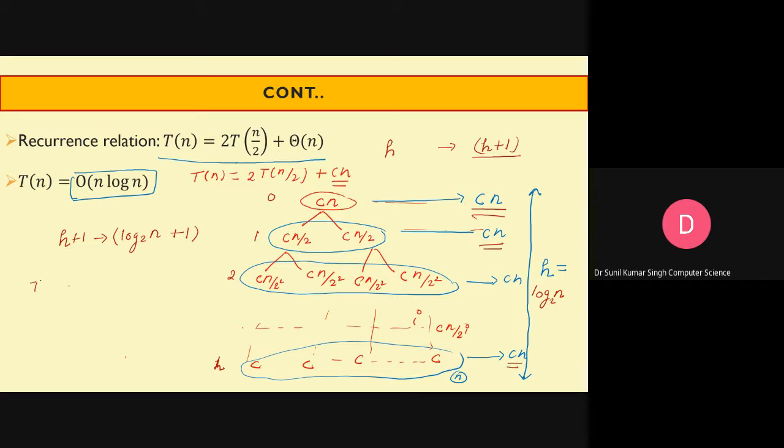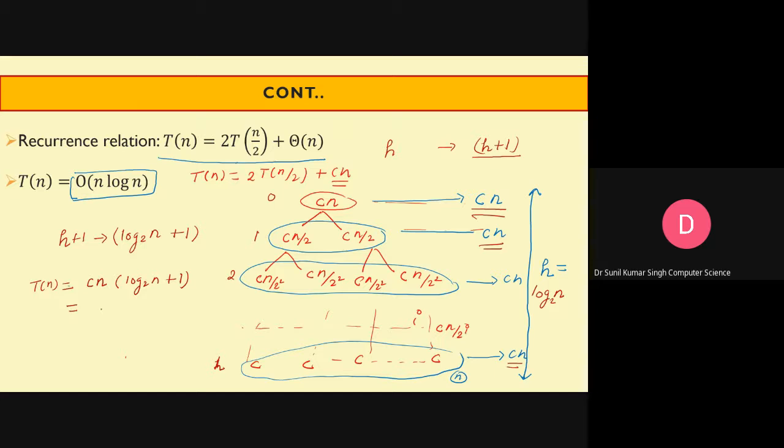So if we are going to calculate the time complexity, we have to use the summation of the cost of each level. So each level is contributing this much cost, and number of levels are log n plus 1.